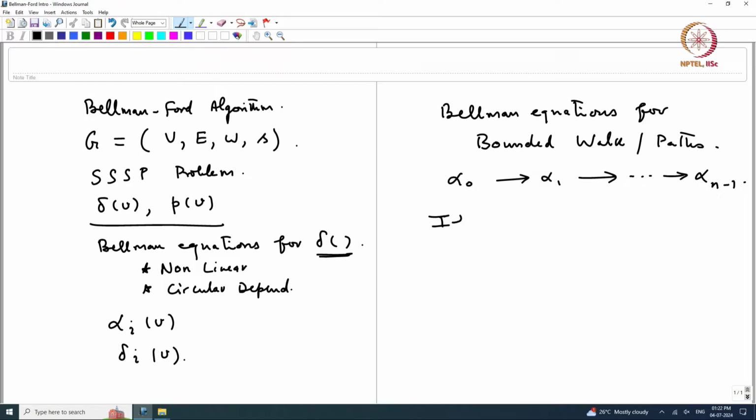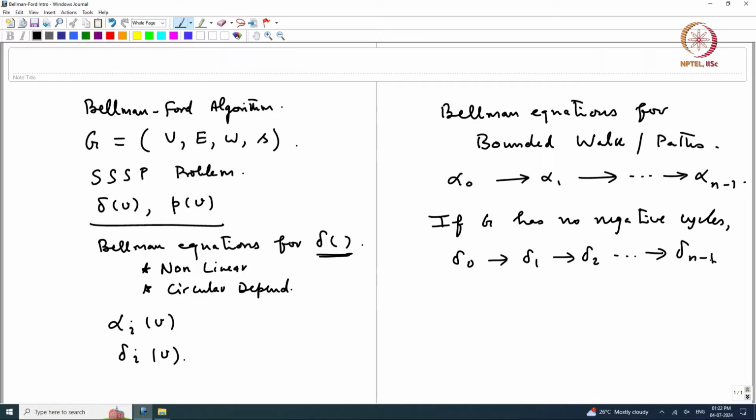If G has no negative cycles, then whatever we are computing turns out to be delta 0, delta 1, delta 2 and so on to delta n minus 1.